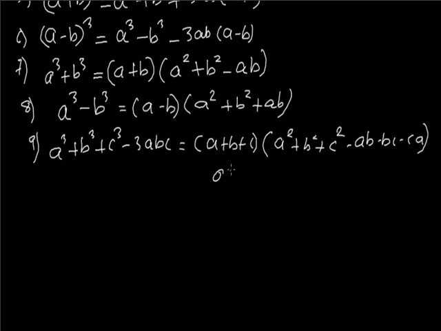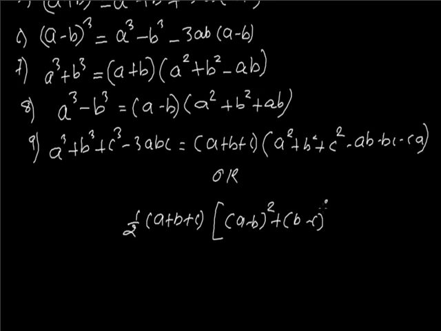We can also write this identity as 1 by 2 of a plus b plus c times the bracket a minus b whole square plus b minus c whole square plus c minus a whole square.